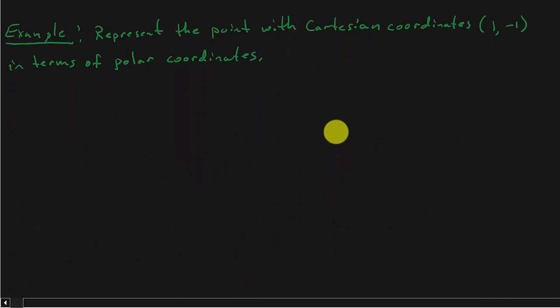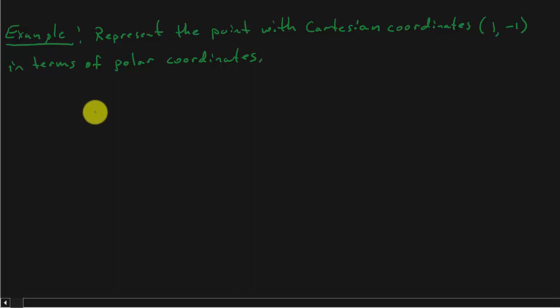Here it says represent the point with Cartesian coordinates 1, -1 in terms of polar coordinates. What I like to do is just draw it and plot that point. So if I plot this point, go over 1, down 1. So there's the point 1, -1.